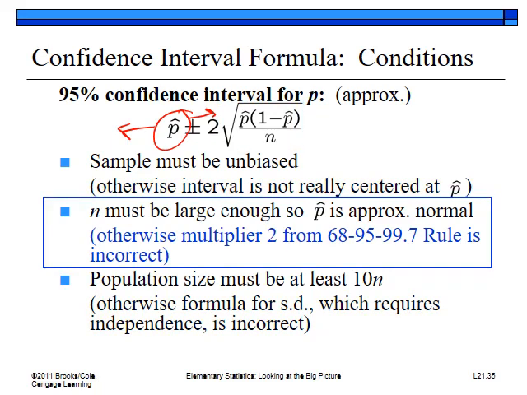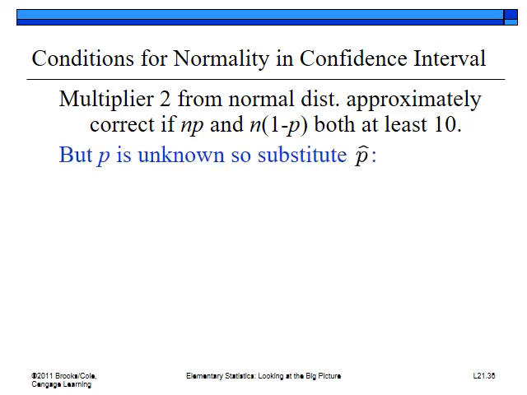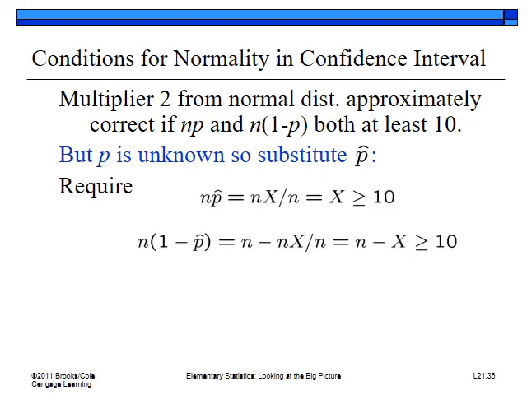So let's look at this second criterion. That multiplier of 2 that comes from the normal distribution requires that N times P and N times 1 minus P are both at least 10. But remember, we don't know what P is, but we're using P hat as our substitute for P. So we will need N times P hat, which, remember, is just the count in our sample, to be at least 10.